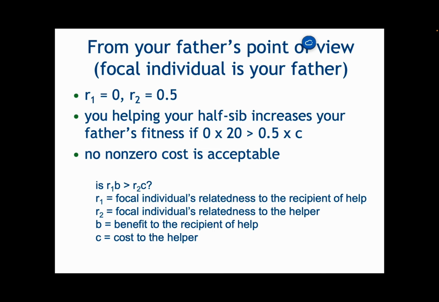So from the point of view of this individual, if your father is the focal individual, then no non-zero cost to you would be worth it, even if it benefits your half-sister by like 20 of these arbitrary fitness units. Okay, so again, genetic conflict, because these coefficients of relatedness, R1 and R2, between any two individuals are different depending on who the focal individual is.